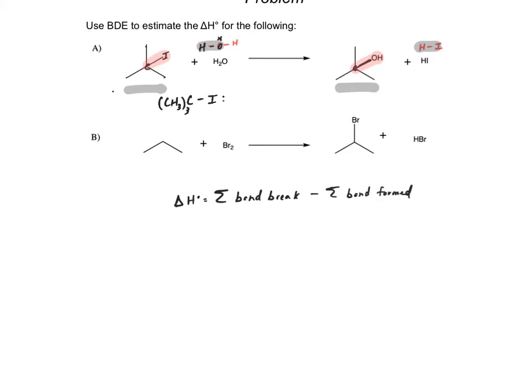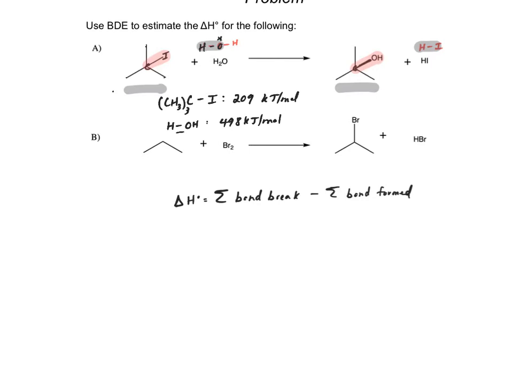When I look this up, I get a bond dissociation energy of 209, and again, the units here are kilojoules per mole. And then the other bond that we're breaking is this HOH bond, and when we look that up, we end up with 598 kilojoules per mole. So these are the bonds that we break.